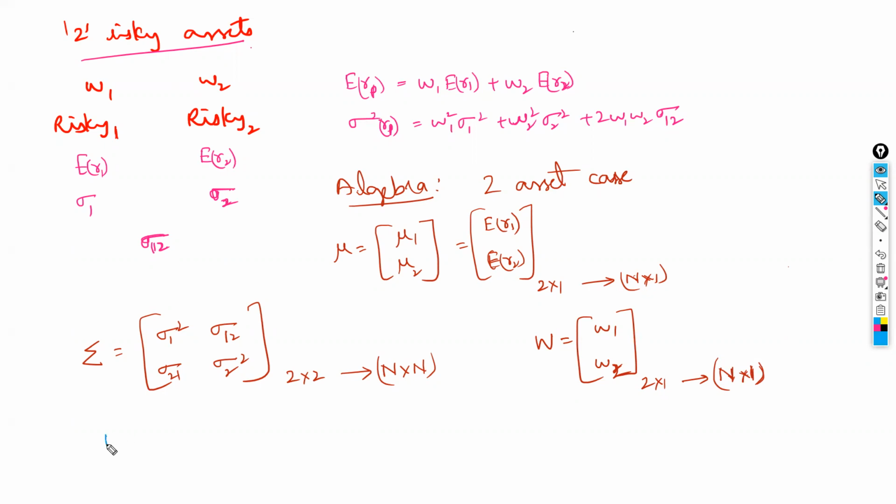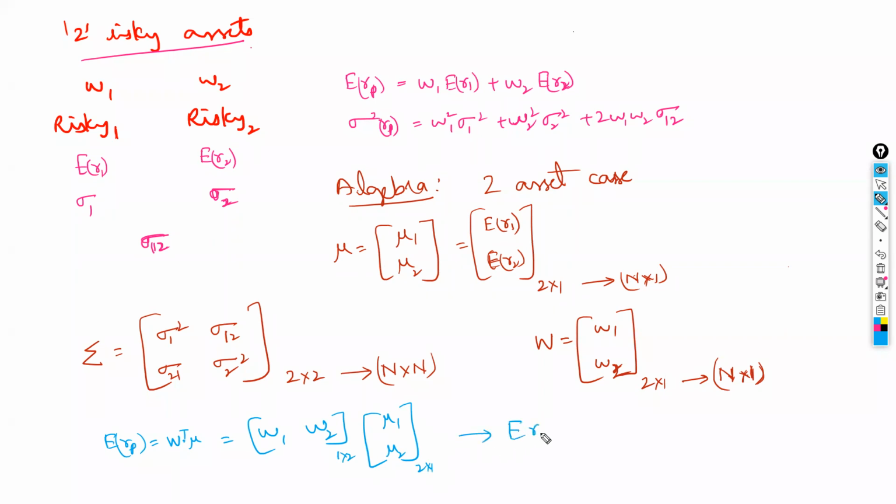Now, if you write the expected return of the portfolio, then you say weight matrix multiplied by this. That means weight matrix is W1, W2, and then you take a transpose, sorry. So you get W1, W2. When you take a transpose, the columns become rows, into this mu1, mu2. This is of dimension 1 by 2. This is of dimension 2 by 1.